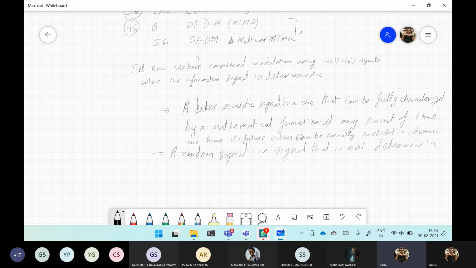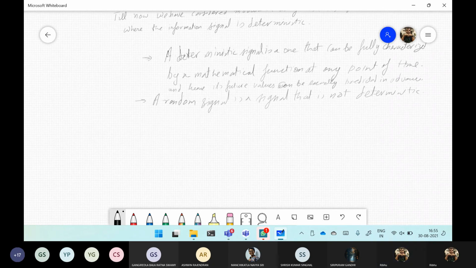So the next thing we'll do is formally characterize randomness and see how it relates to information.